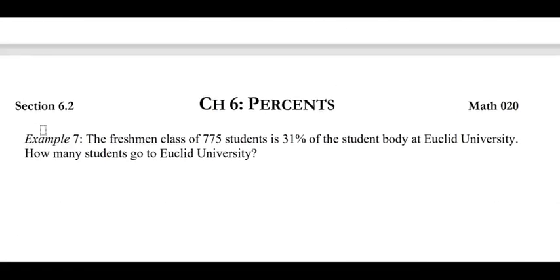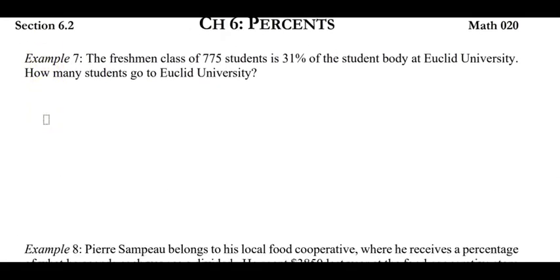All right. 2 more problems. Okay. Example number 7. The freshman class of 775 students is 31% of the student body at Euclid University. How many students go to Euclid University? So this one is tricky because it says of 775 students, and you might think that is your of, but it's only the freshman class.